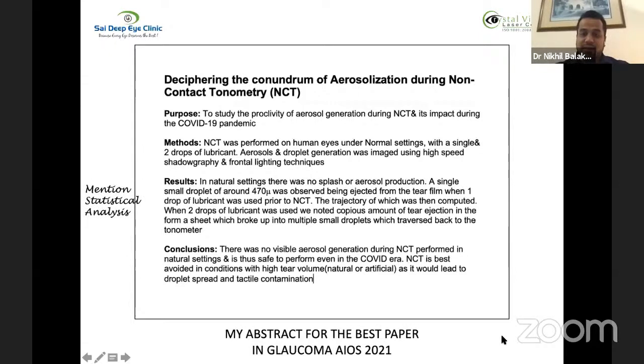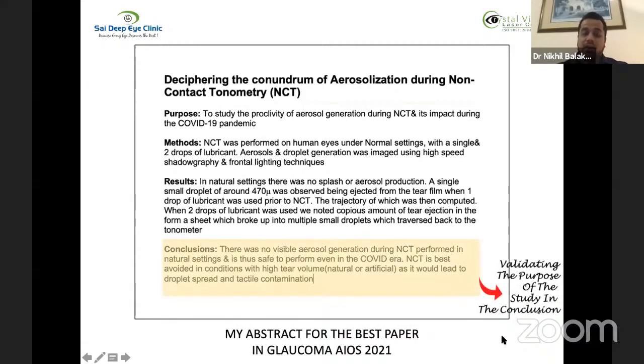In the results, it's very important to mention all the statistical analysis, the actual numbers. As has already been discussed, there is usually a word or character constraint in your abstracts. So the most important results should be mentioned in your results column with the actual numbers and the statistical analysis too.